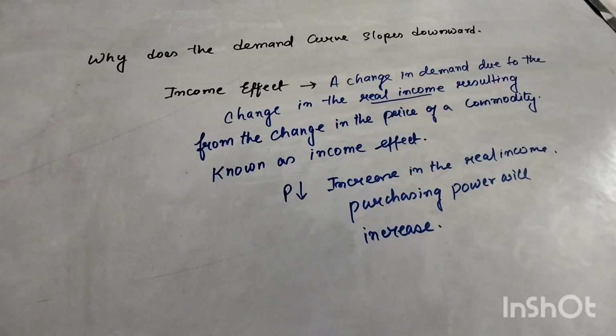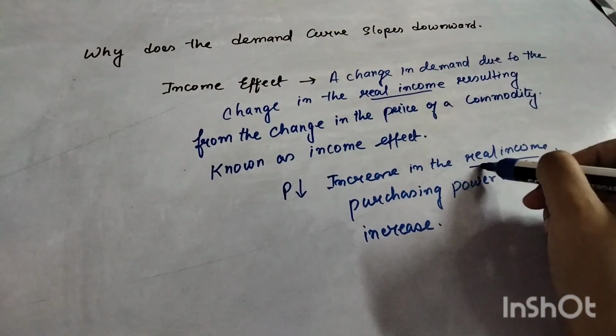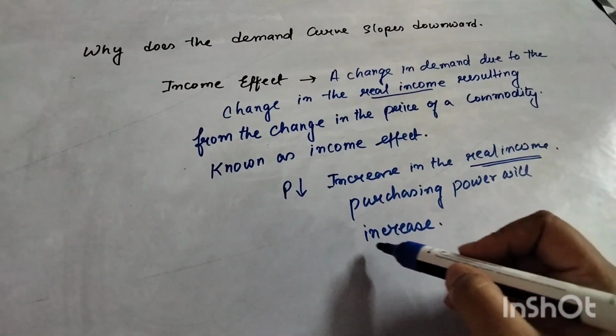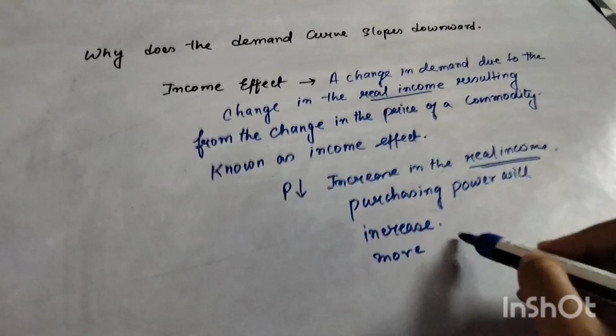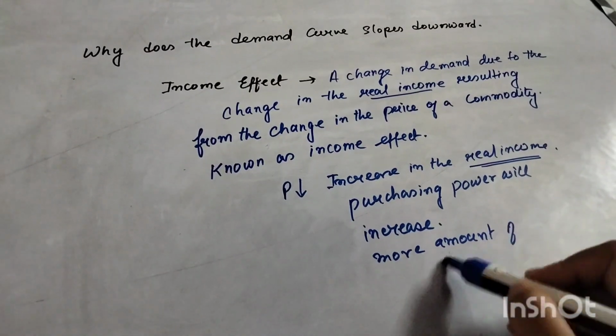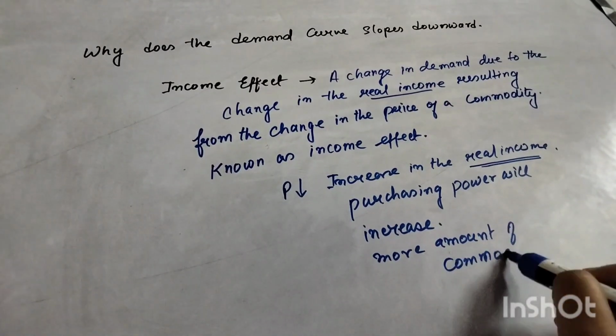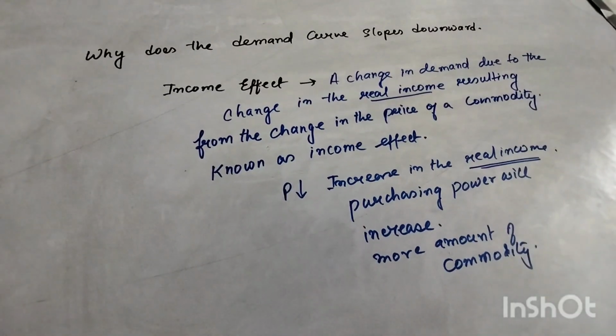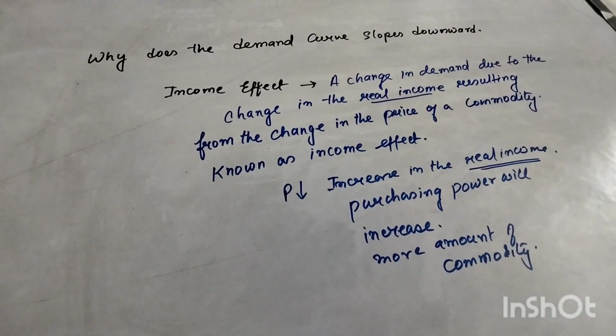That means with the increase in real income, you are able to buy more of the commodity. So this is the income effect.